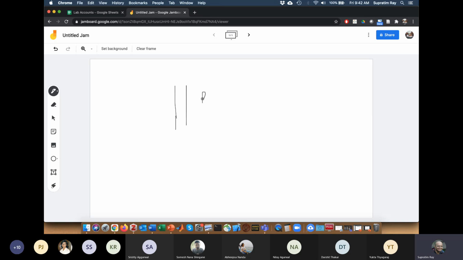Suppose this is a postsynaptic neuron. It's got this little dendrite here, and this is the presynaptic guy. So this guy releases neurotransmitters. They bind here. What happens?